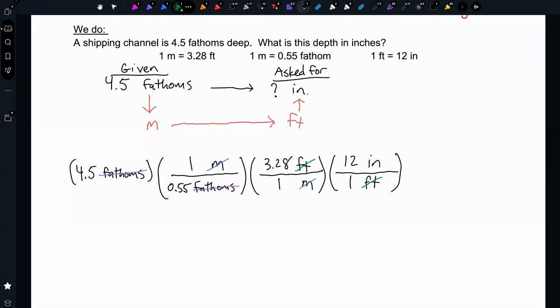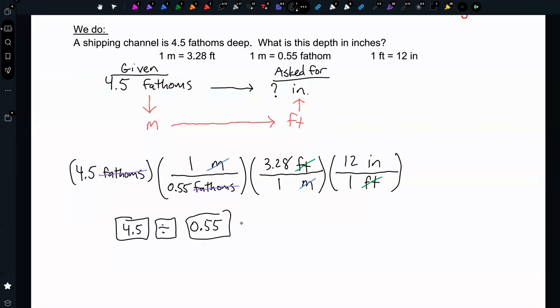So if I'm just going to write down below what I would punch in, I would punch in 4.5, and then I would do divided by 0.55. Then I would do times 3.28.